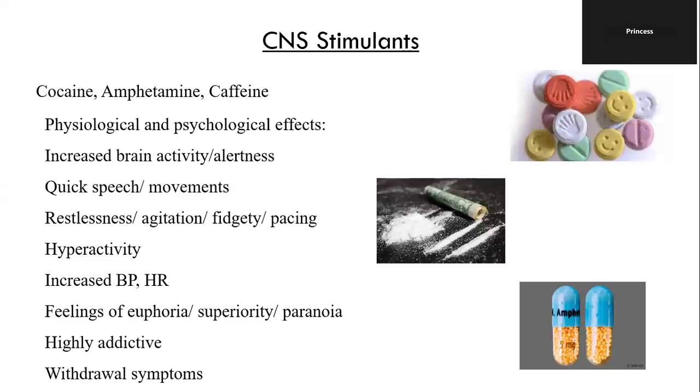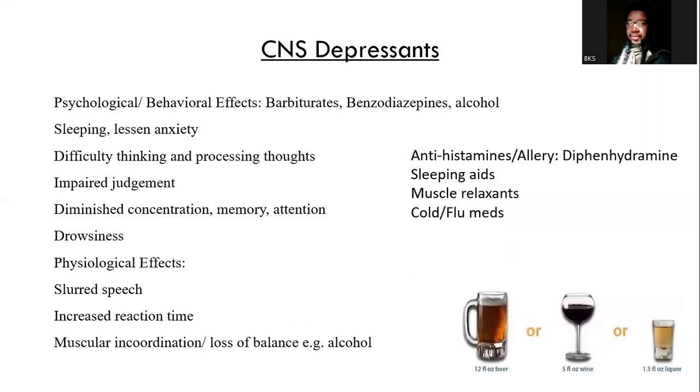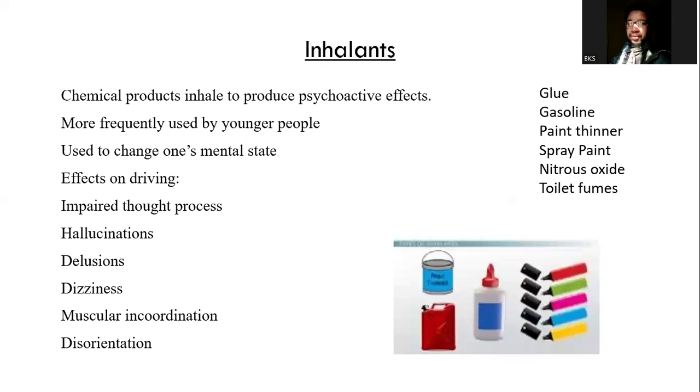So you should at least know what they do: what CNS stimulants are, what CNS depressants are, what narcotics, hallucinogens, and inhalants are. We discussed them, and we talked extensively about how they induce or rather alter certain behaviors in persons that are taking them.